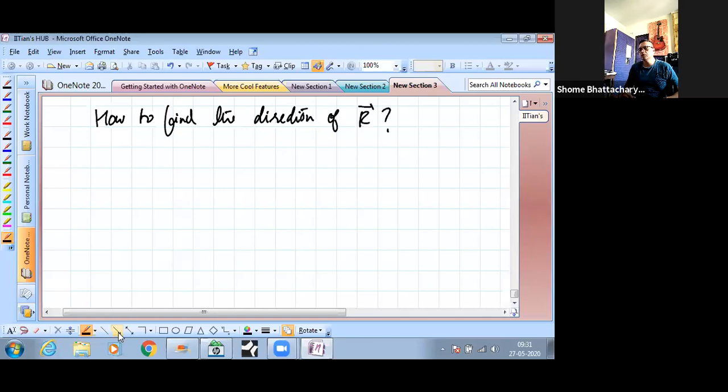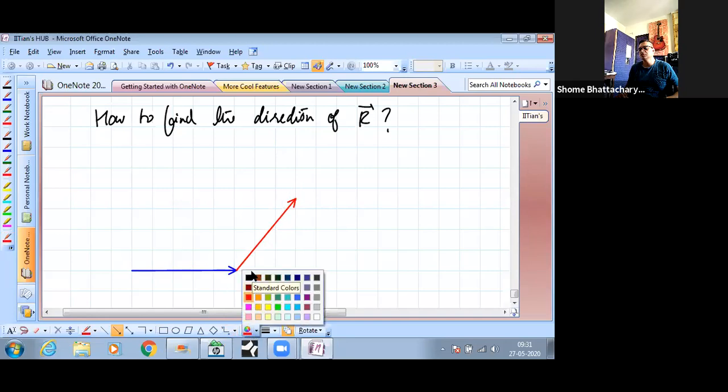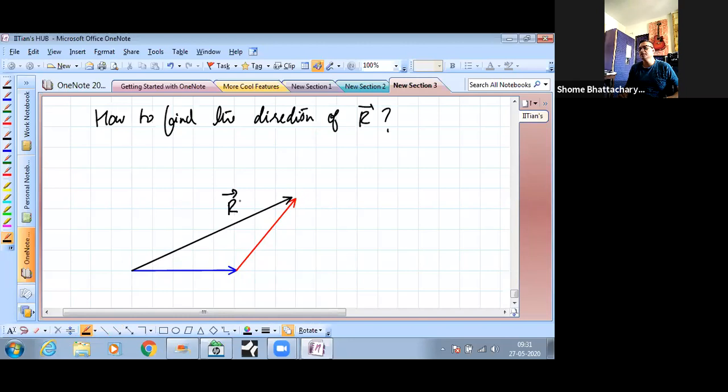So coming back to our vector triangle, we have found out the magnitude of the resultant vector, if we were adding vectors A and B, and that was giving us this resultant vector. Now we need to also find out the direction of this vector, which is the resultant of A plus B. We've seen how to find out the magnitude. Okay. But what about the direction? That's the next thing.